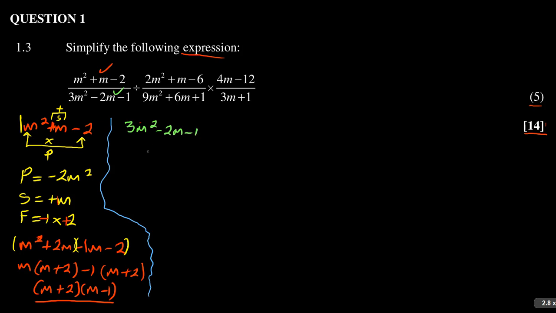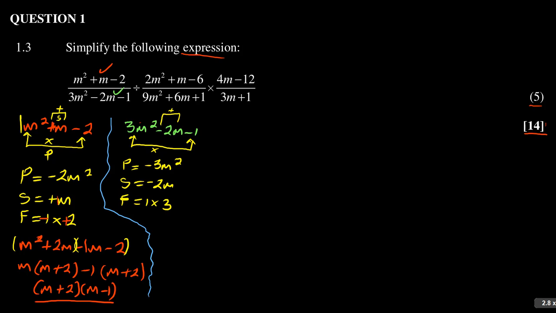If I factorize that using the product sum method, similarly, I multiply the first and the last, it's my product, and my center is my sum. So what's my product? It is minus 3m squared, because it's 3m squared times negative 1, and my sum is minus 2m, and the factors of 3 is 1 times 3.